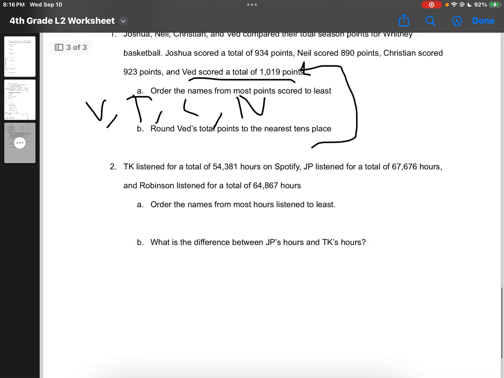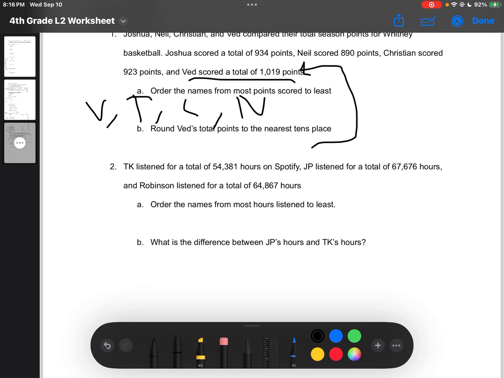And number 2, TK listened for a total of 59,831 hours on Spotify. JP listened for a total of 67,676 hours, and Robinson listened for a total of 64,867 hours. Order the names from most hours listened to least. So we can tell that JP listened the most.